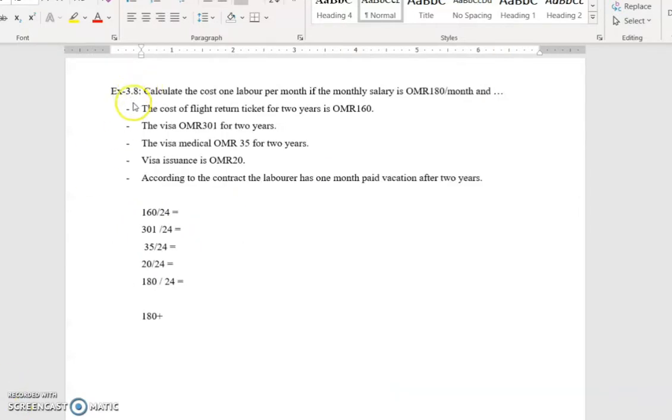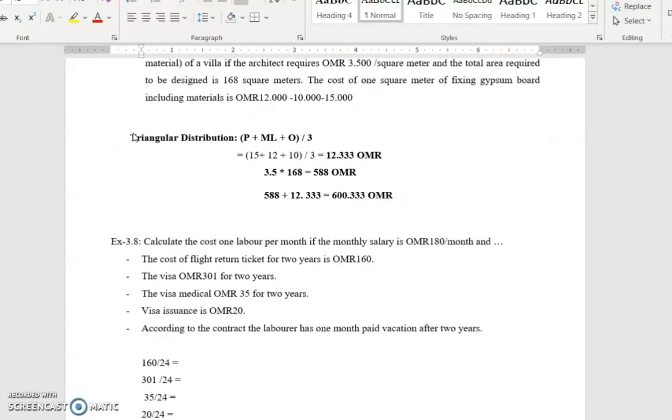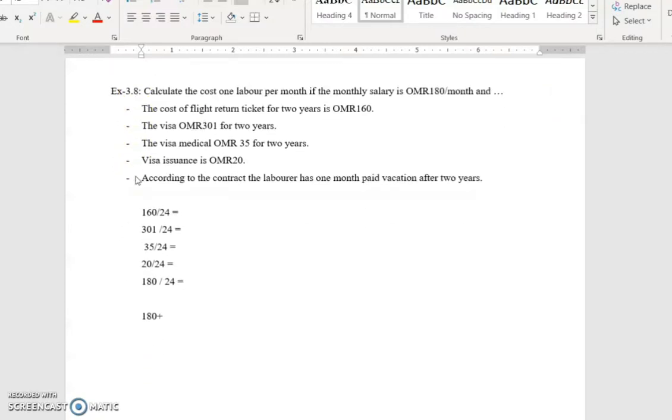Okay, the second exercise is not that much related to the PERT, or to the 3 points estimate, or evaluation technique. However, it's a very important question or exercise. It's simple, but I wanted to highlight this one for some of the students, because before they were thinking that when we say that the salary of the laborer is like this much and this much, they don't recognize that this salary consists of different types of components.